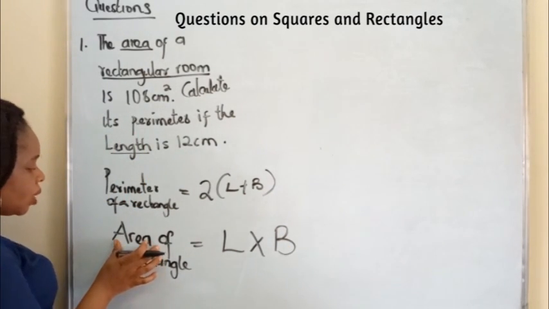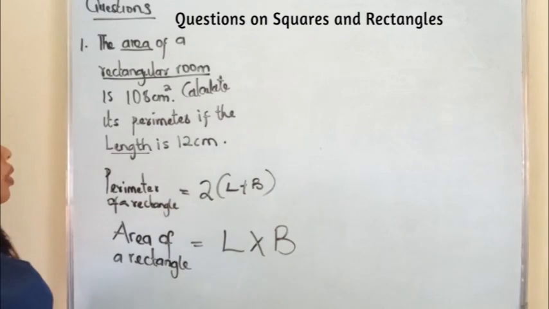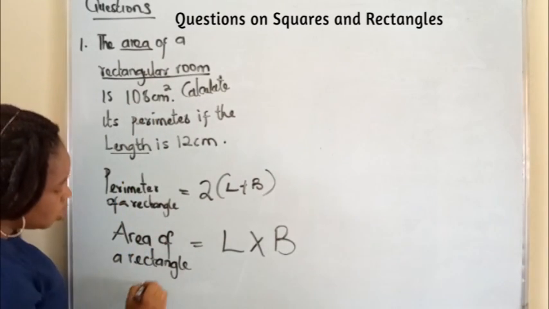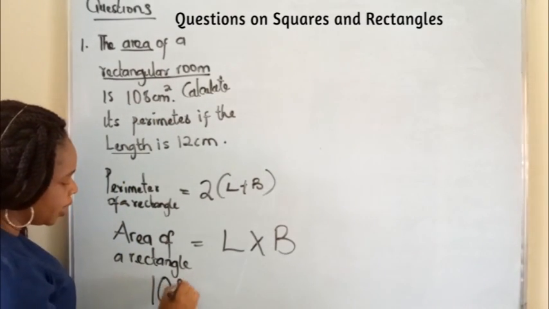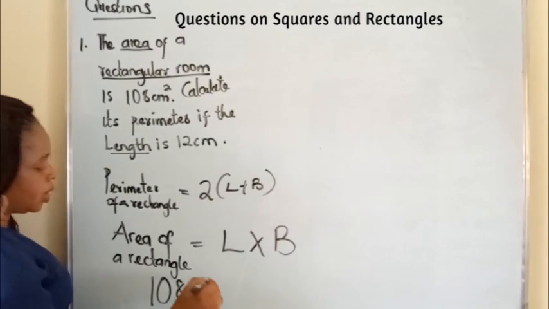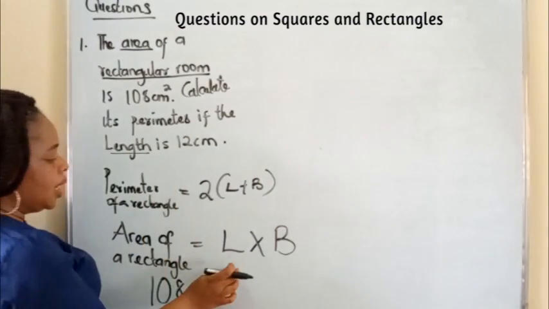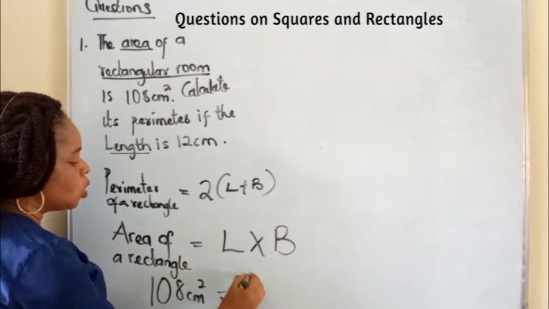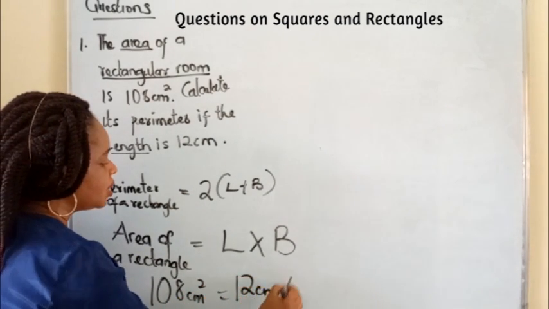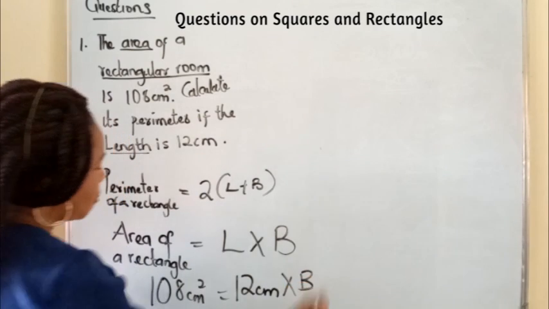Now, this area, was it given? Yes, it was given. And it's given as 108 centimeter square. What else is given in the question? The length, which is 12 centimeter, times the breadth.